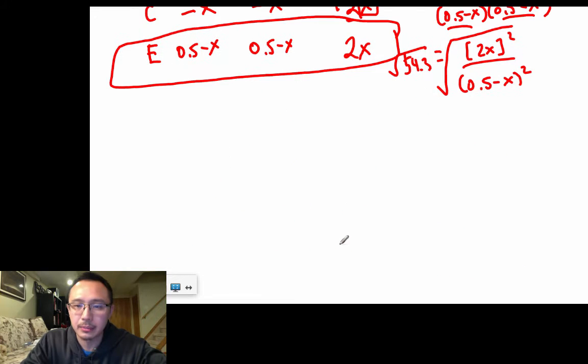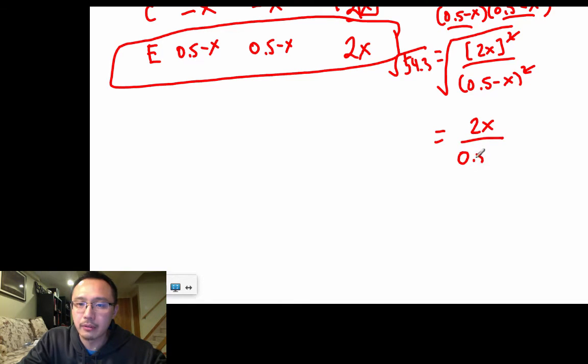I'm just going to scroll the page down. The square root and the squares will cancel, giving me 2x divided by 0.5 minus x. And the square root of 54.3 is 7.37.